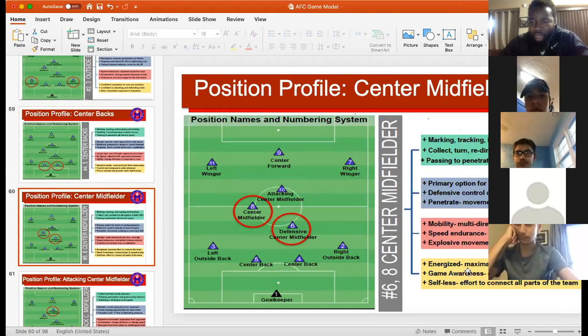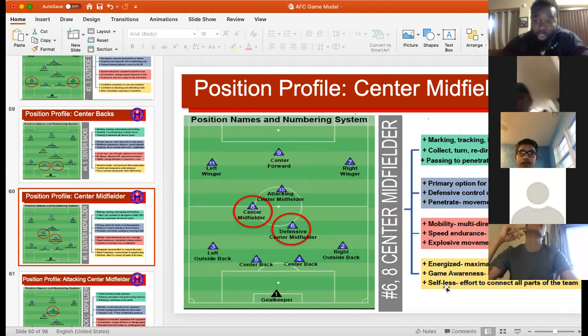You have energy, maximum effort to connect with the team, game awareness, control tempo, speed of play. You should be selfless. So you shouldn't be selfish. You should be selfless. Effort to connect the ball, part of the team.